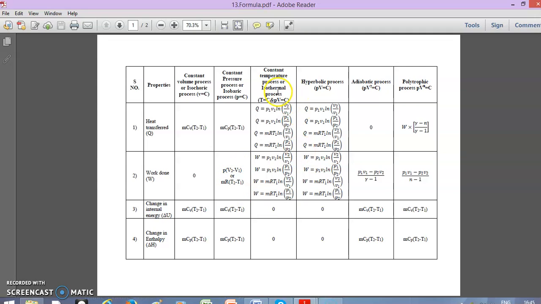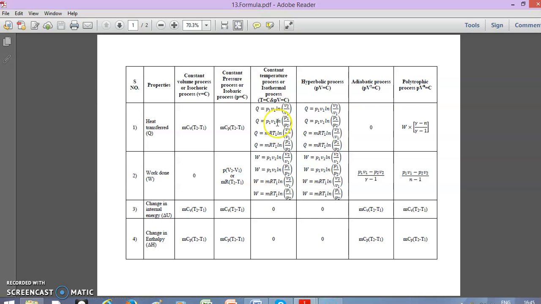Now for heat transfer for the isothermal process, we have a separate derivation for this. If you want, I can give that; you can ask me during the lecture hour, or you can text me.